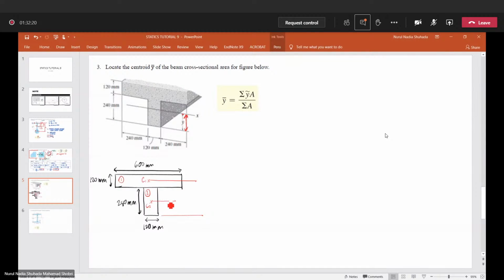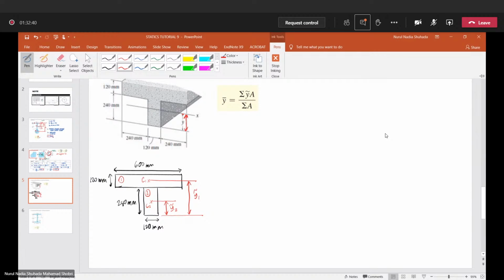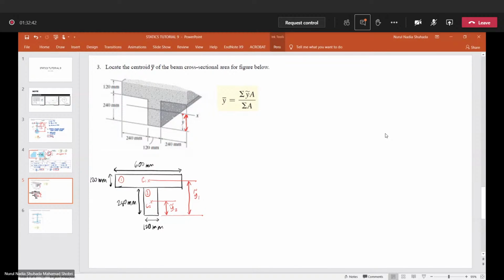So this is y2 and this is y1. Now we already know from where to where we have to calculate the value of centroid y for each shape, so now we can find the values.